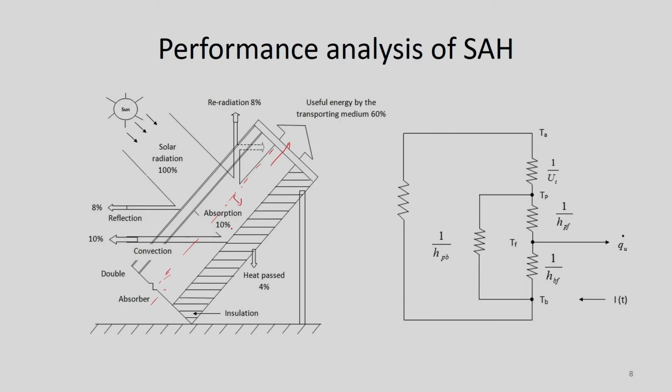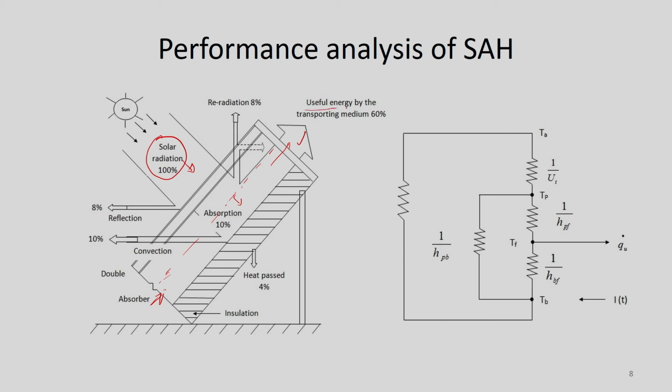If we consider 100% energy is coming from the solar, then some of the energy is absorbed here in the absorber itself, and since fluid is flowing from inlet to outlet, heat will be carried.